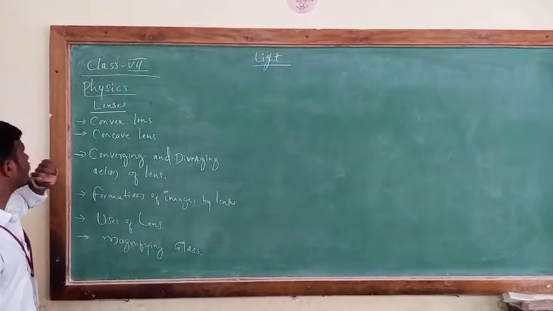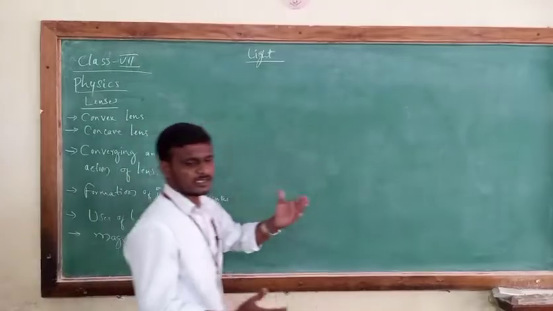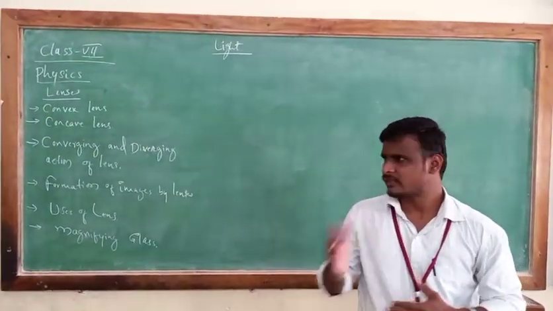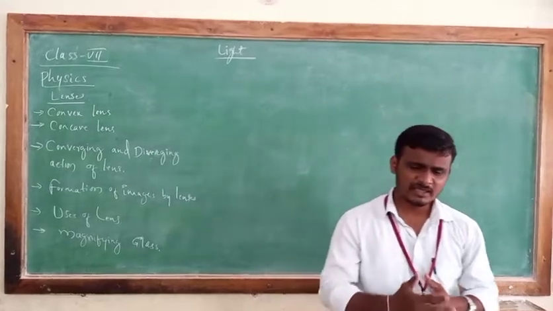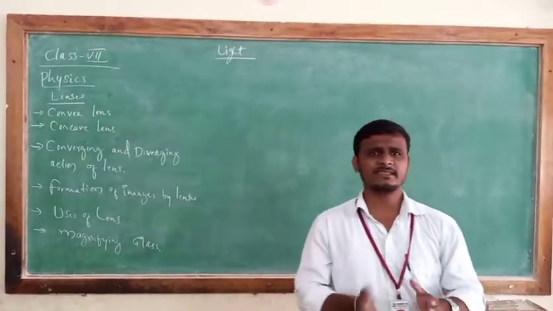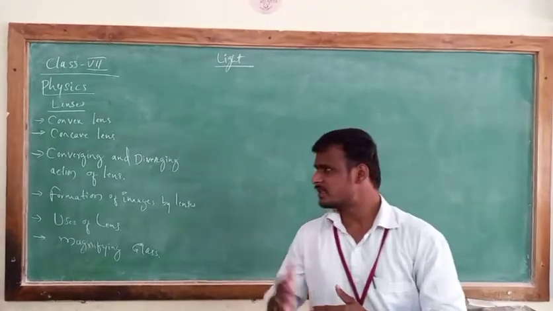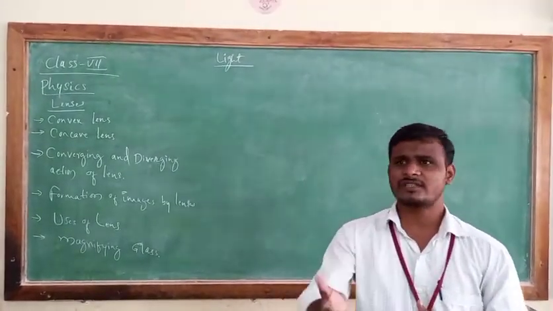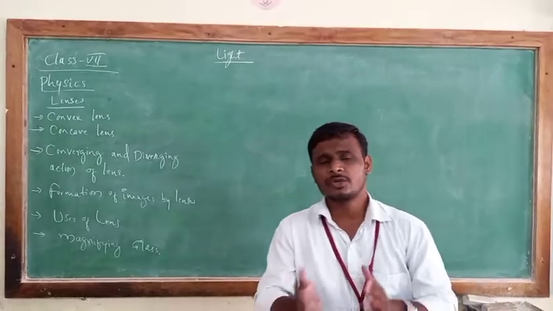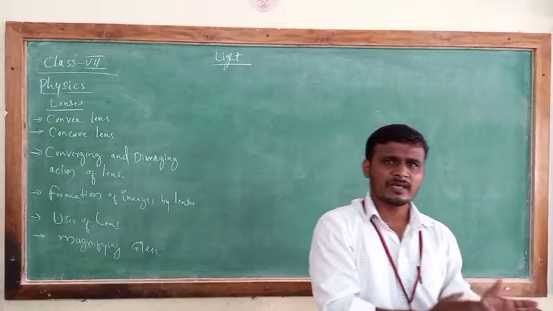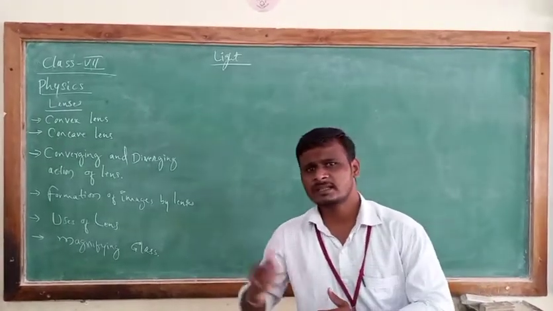So first we are going to discuss the lens. What is a lens? A lens is a transparent material bound by two curved surfaces, or by one curved surface and one plane surface.